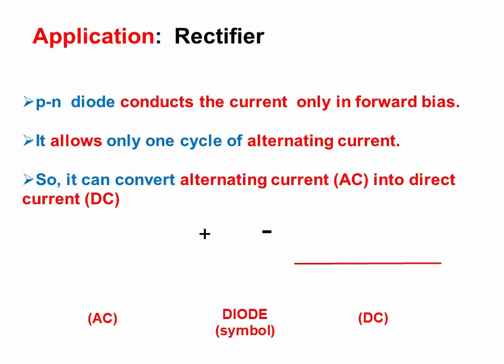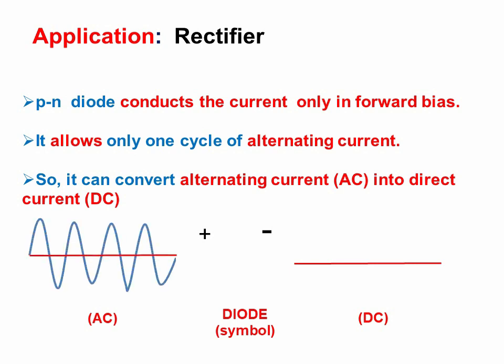The next application of the PN junction diode is the rectifier. A diode acts as a rectifier because it converts alternating current into direct current, because it allows only one half cycle of alternating current. Why? Because it conducts the current only in forward bias. This AC waveform is given to the diode as an input.